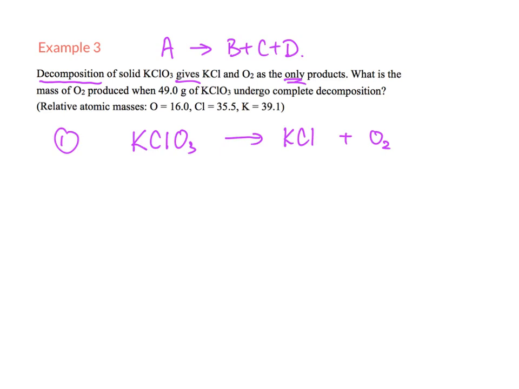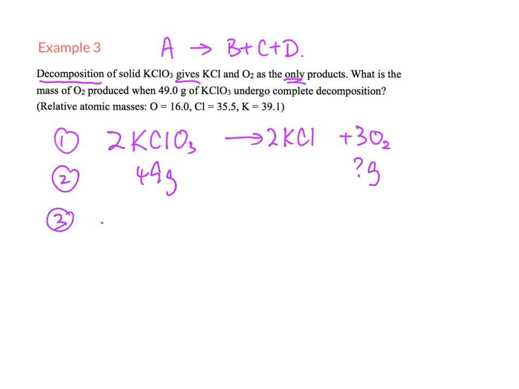So you can find out this one has 3 oxygen, this one has 2. So for the odd number one, we have to multiply it by 2. After multiplying this one by 2, you know the ratios have to be this way. The data given to you is 49 gram of potassium chlorate, while the other one is looking for the mass of oxygen.